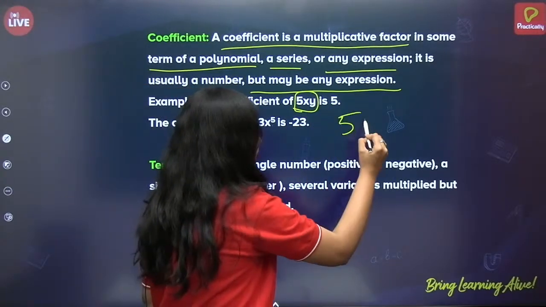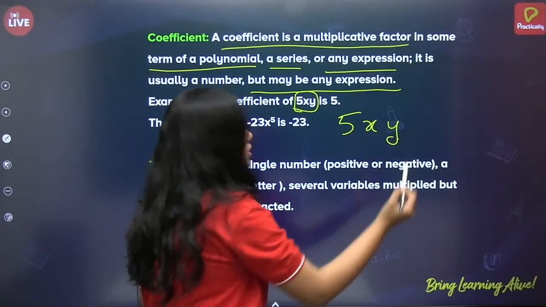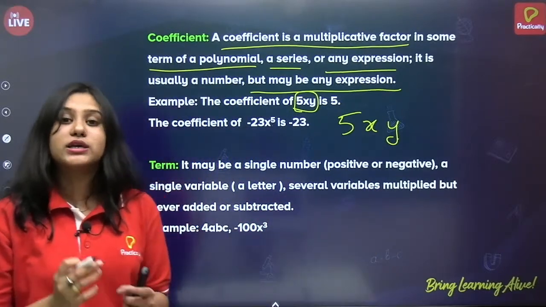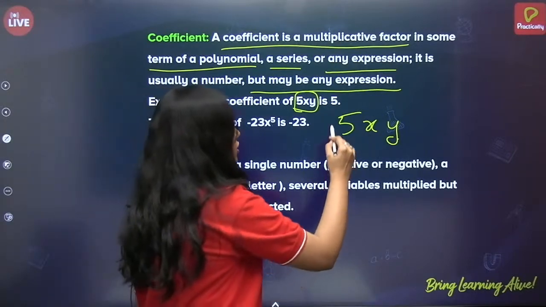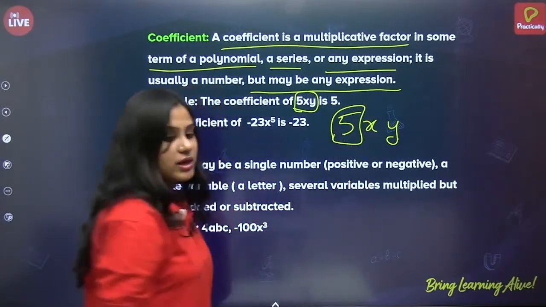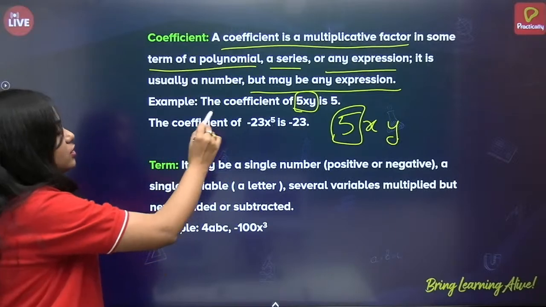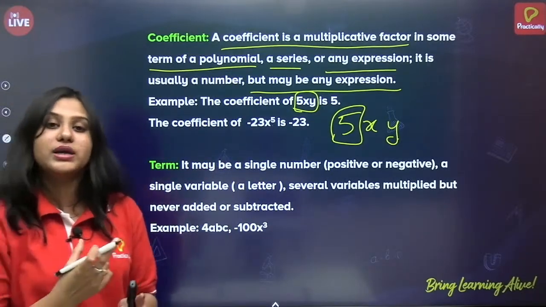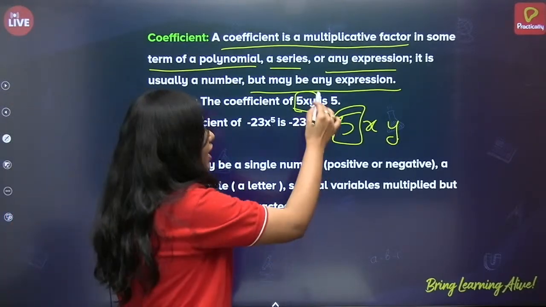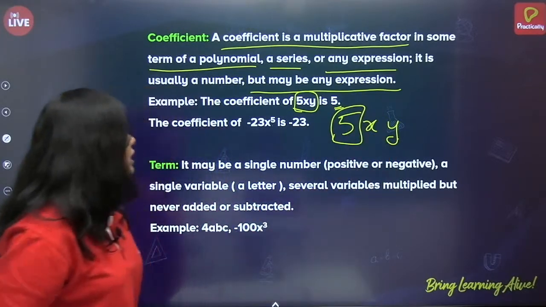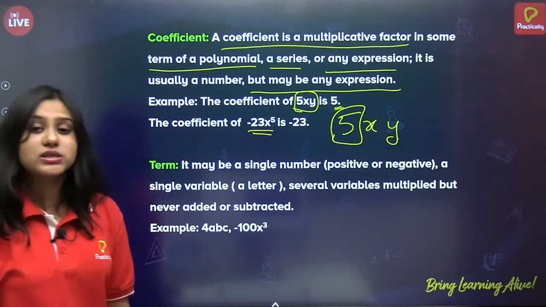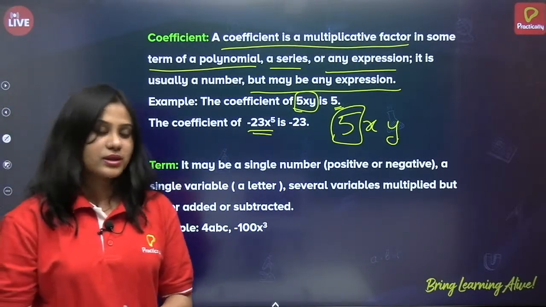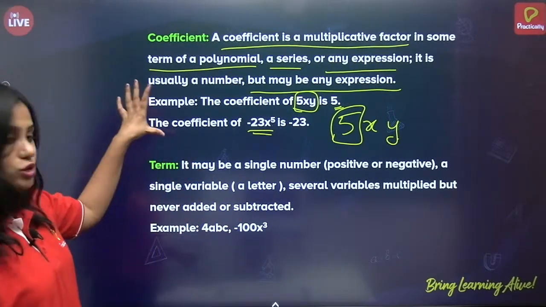What is the numerical coefficient of the given term? The numerical coefficient is 5, correct? So the numerical coefficient of 5xy is 5. Now the coefficient of minus 23x power 5 is minus 23, correct? So this is about coefficient.